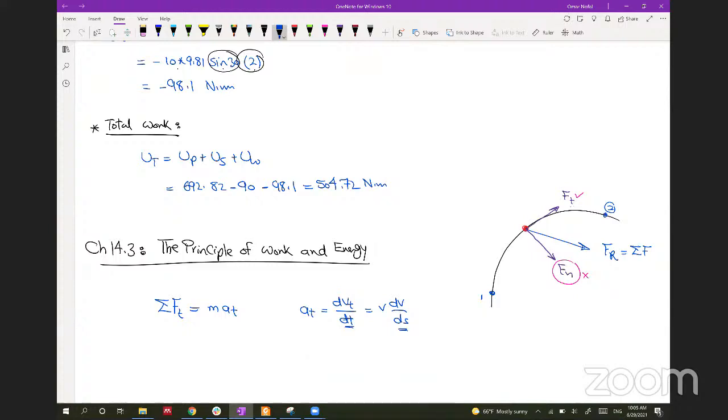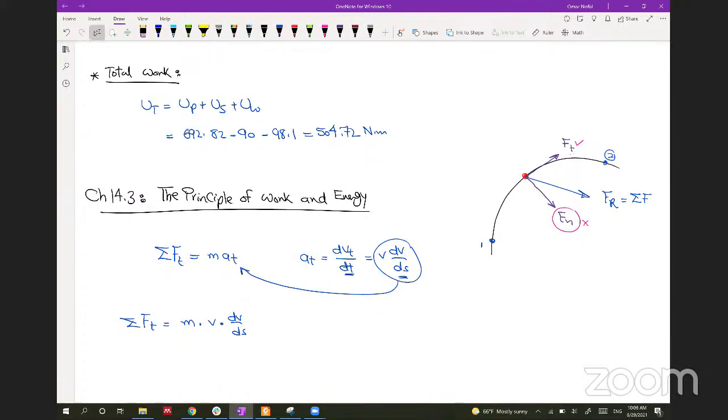So let's plug this into a tangent. The sum of F tangent equals m times v times dv/ds. So the sum of F tangent multiplied by ds equals m v dv.